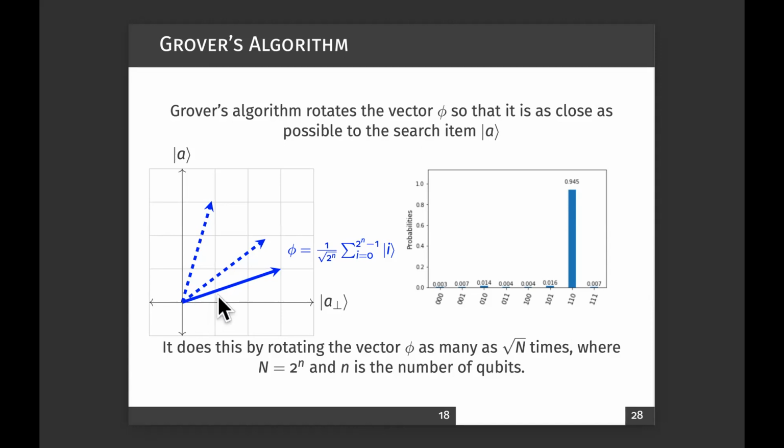As you can see, you're trying to find this state here, which contains your number and the index. You begin with a superposition of all possible values of your indices, from 0 to 2 to the n minus 1.